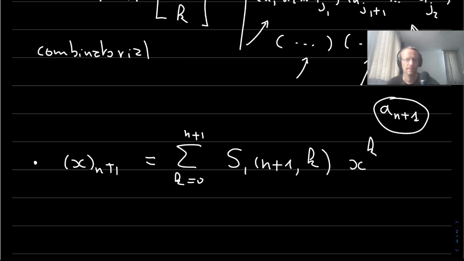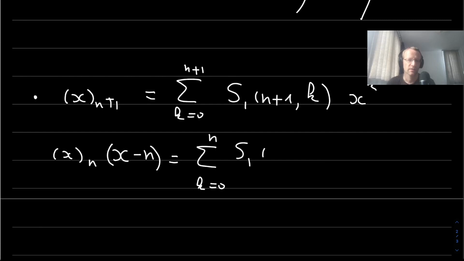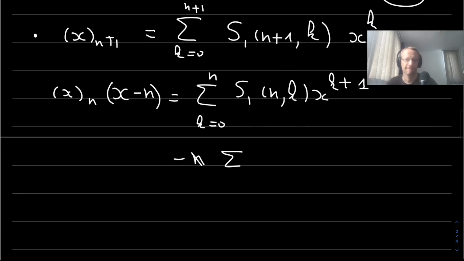But also by definition, this is equal to x^(n) times (x minus n). So this is nothing but the sum from k equals 0 to n of S(n,k), again by definition, times (x minus n) times the same thing.